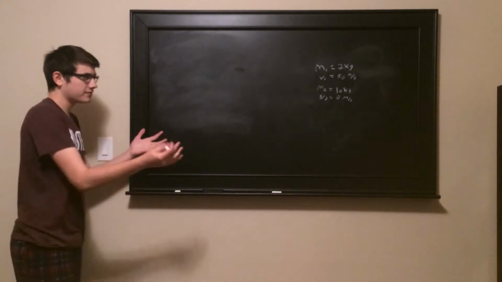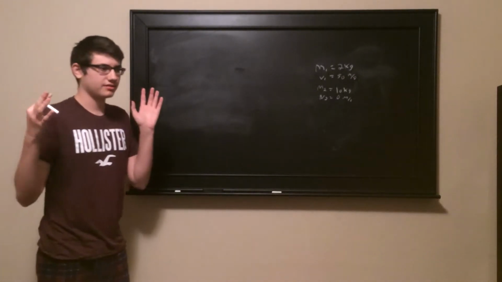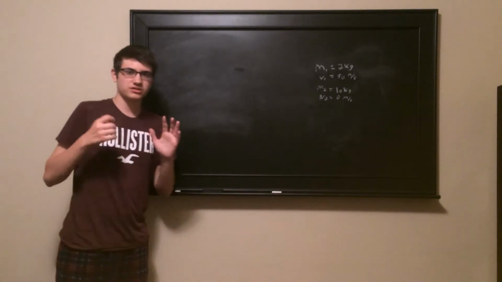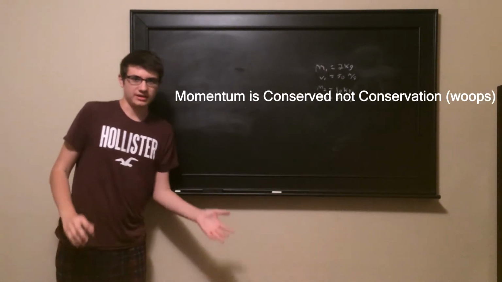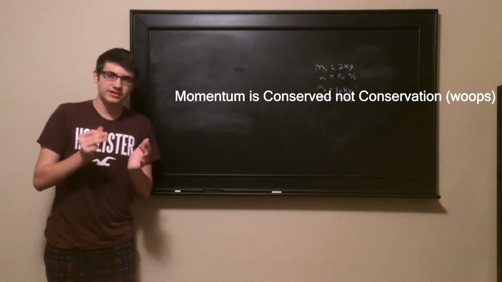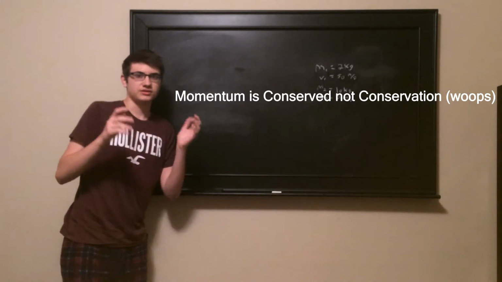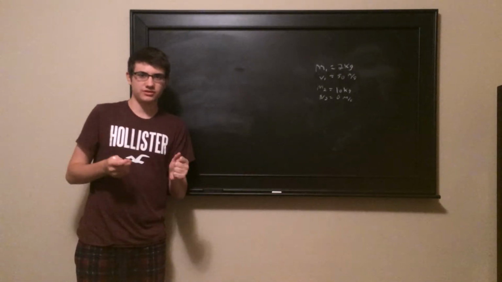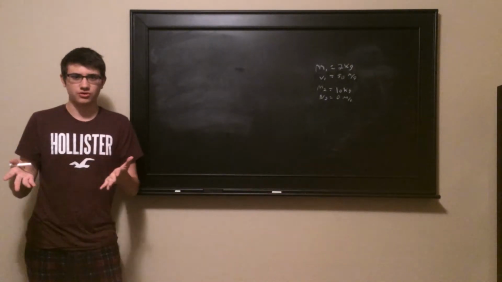Alright, so what I just showed in the video can be useful whenever we talk about conservation of momentum. In a system, momentum is always, always, always conserved. So the momentum just before and just after a collision are always equal.